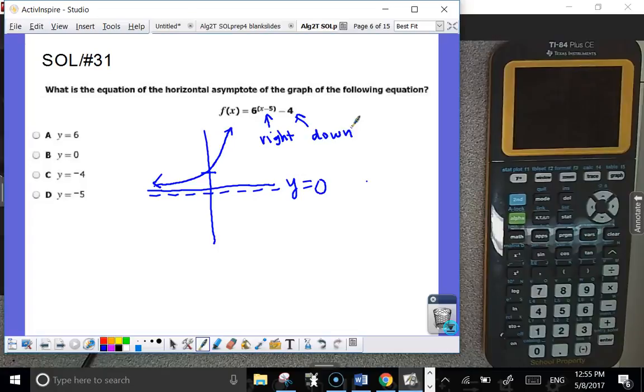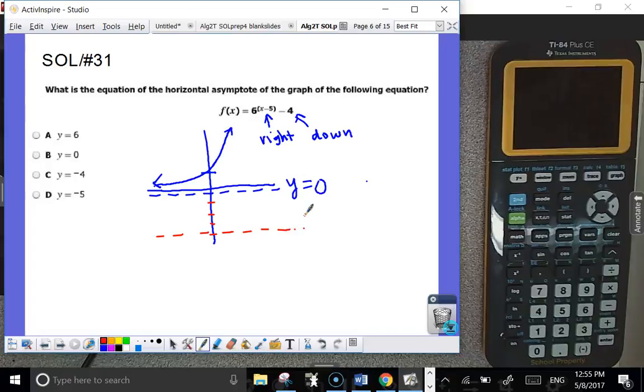The down 4, right? If you take a horizontal line and shift it down 4, you would see it. If you take a horizontal line and move it left or right, it's still in the same place. So it's the down 4. If we were to graph it, we would go 1, 2, 3, 4, and draw a new horizontal asymptote.